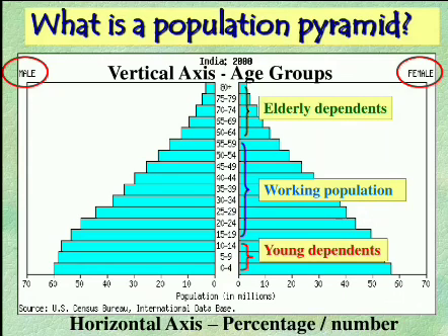At the base, that is 0 to 14, you have young dependents. In the middle, from 15 to 59, you have the working population, whereas at the apex, from 64 to 80, you have elderly dependents. So this is how you can analyze the age structure of the population in a particular country.